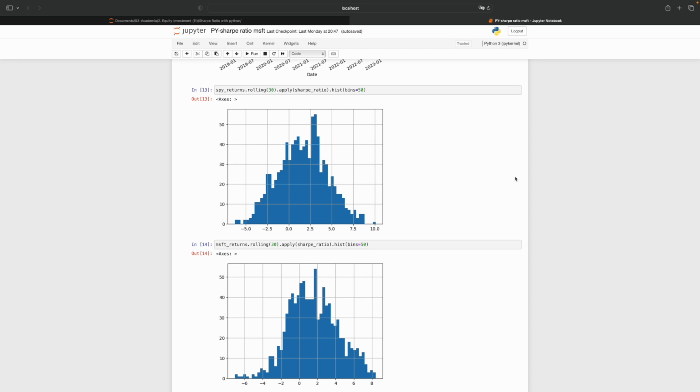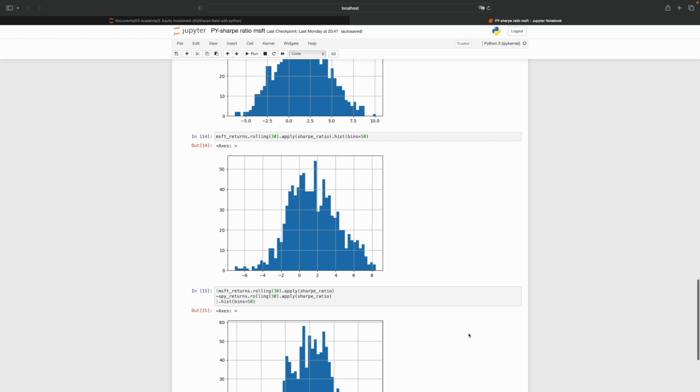Upon analyzing the histogram, we can observe the highest Sharpe ratio for SP500 is around 10, and the lowest Sharpe ratio is around minus 7.5. And the chart is not symmetric, and the highest frequency for SP500 is slightly above 2.5, and for Microsoft the highest frequency is slightly below 2.